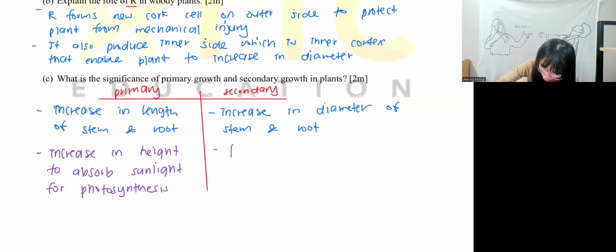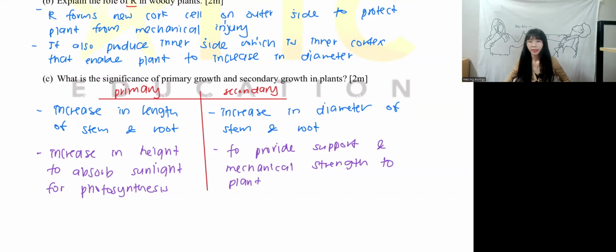And then this one, you're gonna say to provide support and mechanical strength to plant. If you want to write the primary, increase in length of root to absorb more water and mineral, also correct.